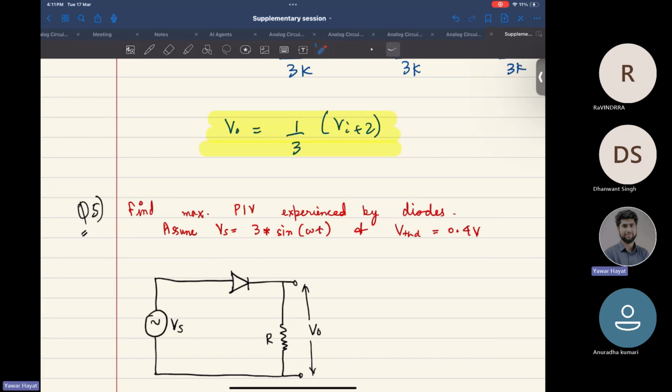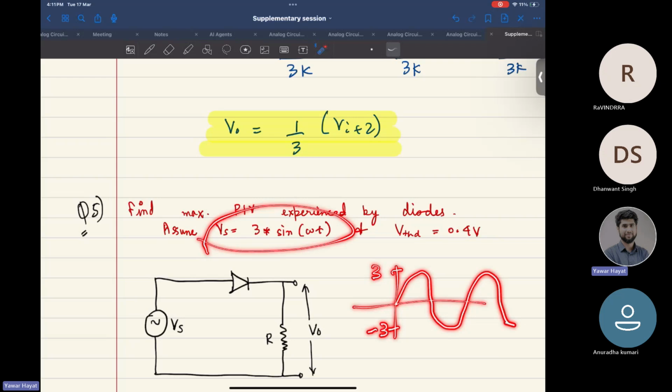This is your Vs. It would be 3, right? Because 3 is the amplitude of this sinusoidal waveform. And this is somewhat like this, 3 to minus 3. And this is your Vs versus t.